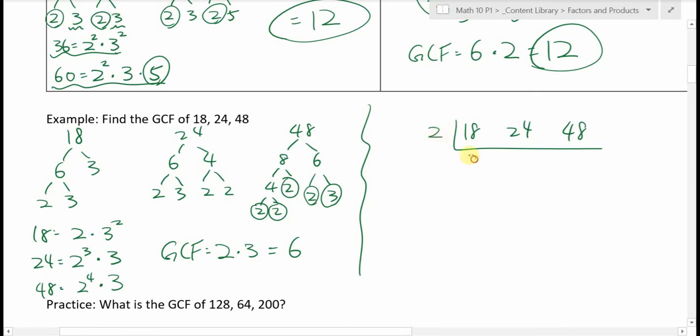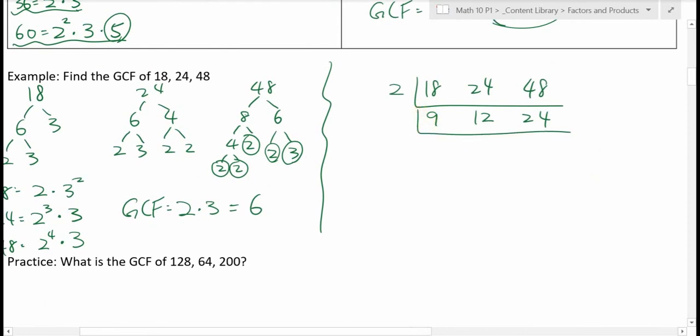So 2 times 9, 2 times 12, 2 times 24. And now that's 9, 12, and 24. So I know 3 goes into all 3 numbers. 3, 4, and 8. Actually, never mind. For GCF, there is no special case. It's for LCM. I'll show you in a bit. Nothing goes into all 3 anymore. And therefore, for GCF, it's just 2 times 3, which is 6.